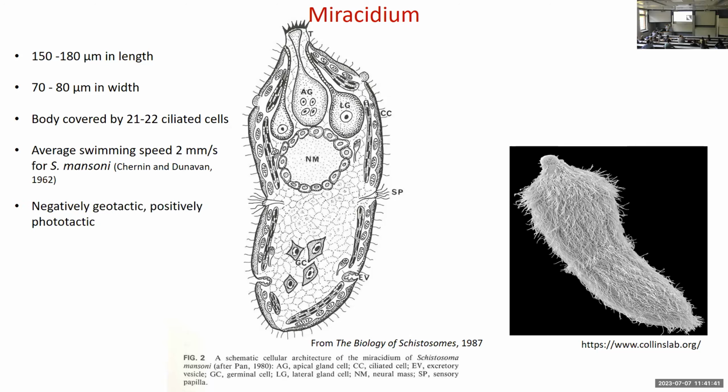And now it's interesting. Schistosoma mansoni is negatively geotactic, positively phototactic. So it swims towards the light in search of the snail. But it's not that simple. It depends on the snail host.